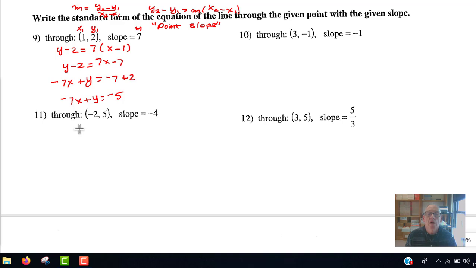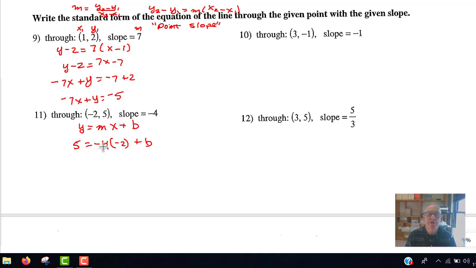For this one, I'm going to start out with slope-intercept, y equals mx plus b, and I'm going to plug in the numbers that they give me. So they're telling me the slope is a negative 4, so negative 4 goes in for the m. The x point that it needs to go through is a negative 2, so I'm going to put a negative 2 in for the x. The y is a 5, so I'm going to put a 5 in for the y, and I need to solve for b.